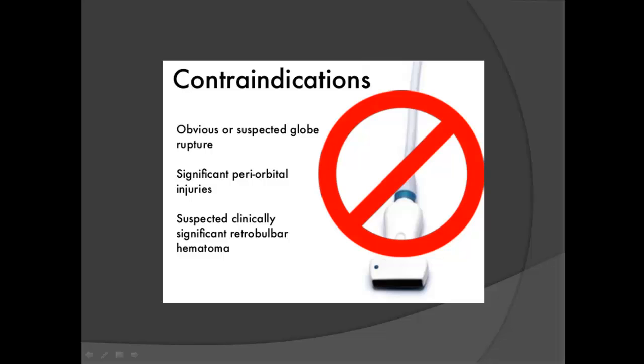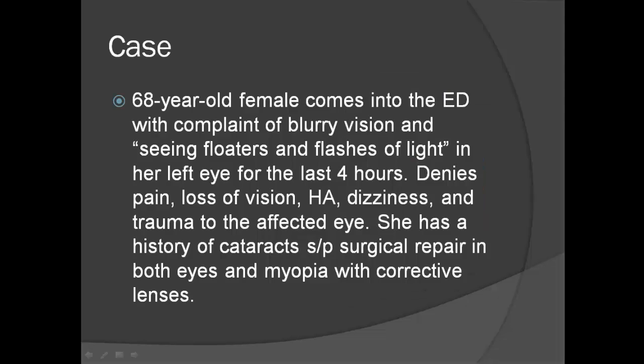I know we discussed the pupillary reflex just previous to this, but you have to use your judgment to say, okay, I don't want to injure this person's orbital area any more than it already is, and make sure that it's going to be beneficial rather than harmful. Also, a suspected clinically significant retrobulbar hematoma can sometimes be a contraindication to using ultrasound to evaluate the eye.